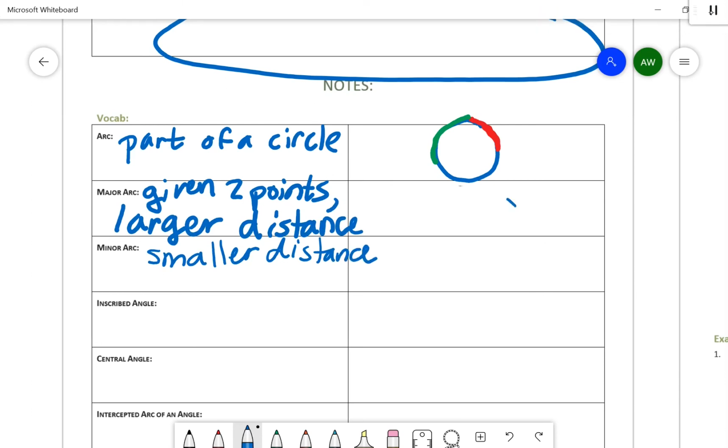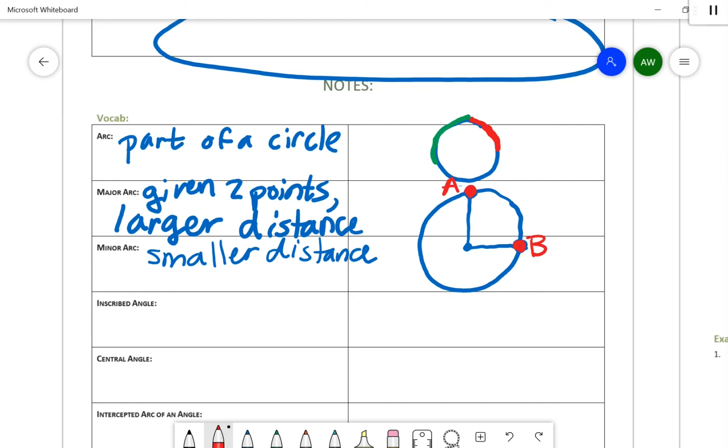Let's say, for example, I have a circle, and I'm going to make this circle big enough to be the picture for both the major and the minor arc in this example. Let's say that I have an angle here. If these are the 2 points that I care about, given 2 points on my circle, like let's say this is point A and this is point B, the major arc is the larger distance.